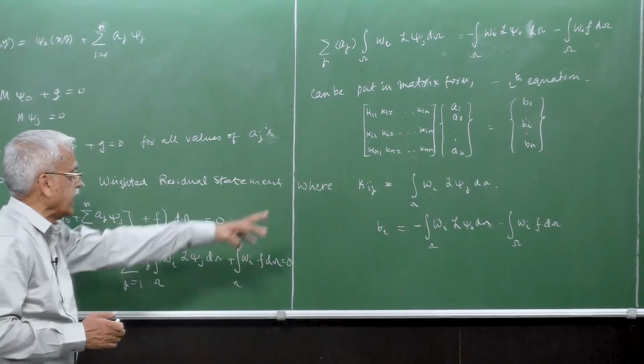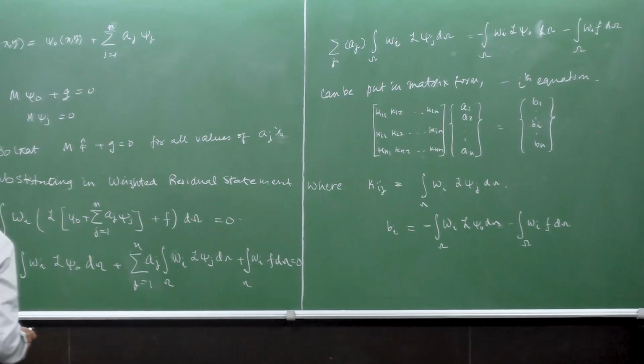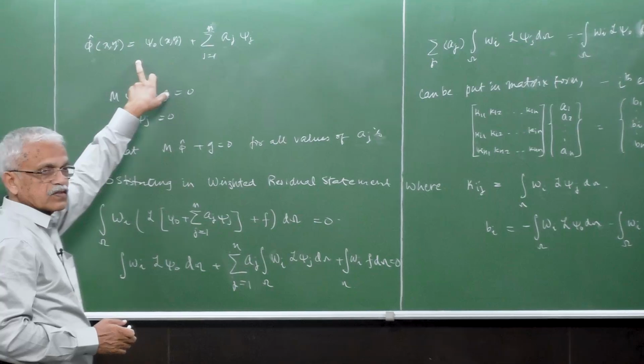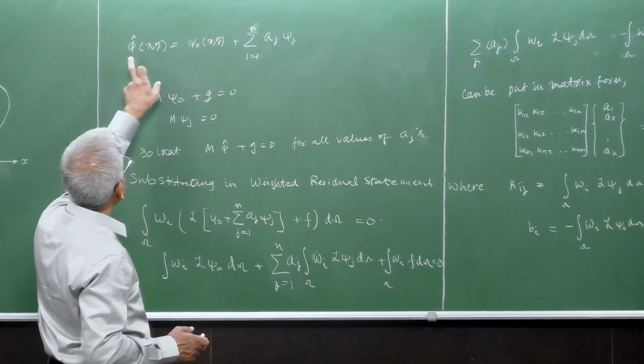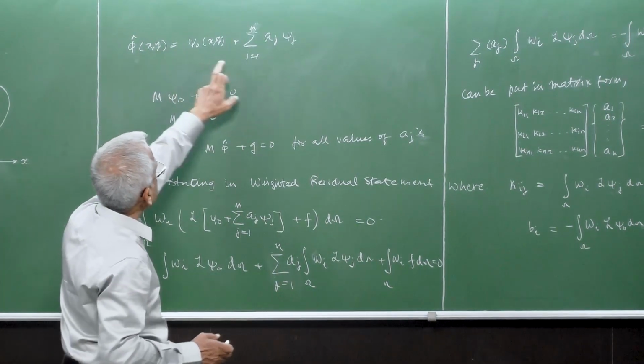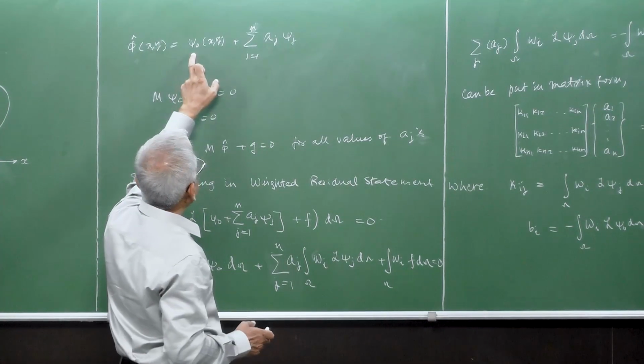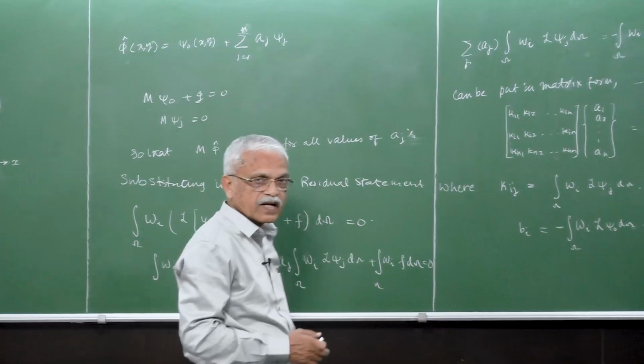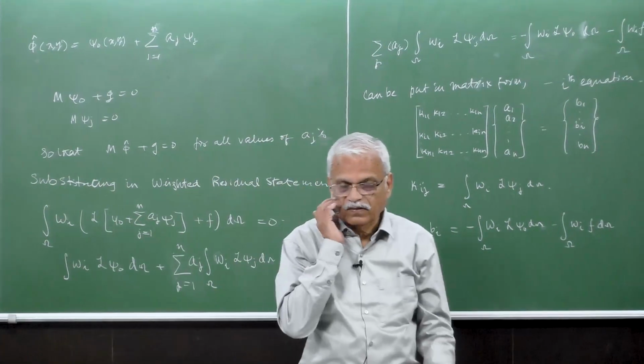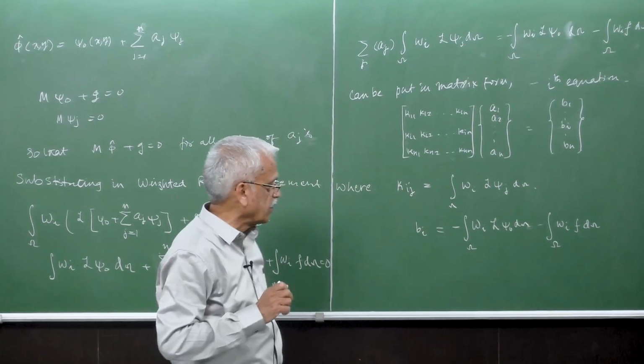And once you know the A's, then you go back to this expression for phi hat. So knowing all Aj, knowing all the trial functions psi j's and psi naught, we are going to have the solution. Okay, theoretically this is in a nutshell what it is.